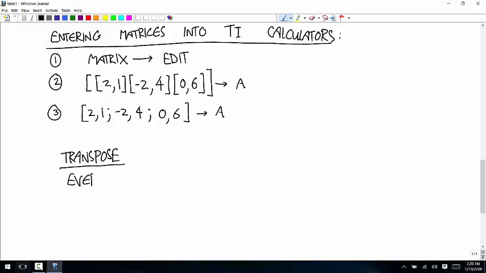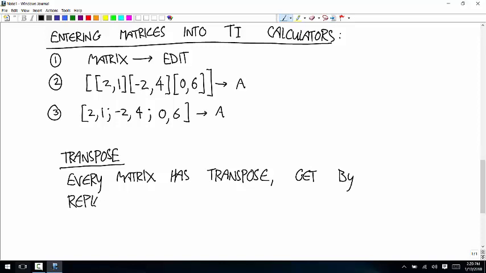Every matrix has a transpose, and you get it by replacing every i, j element with the j, i element.